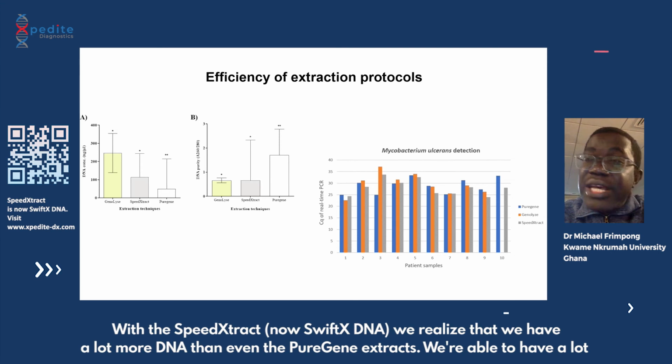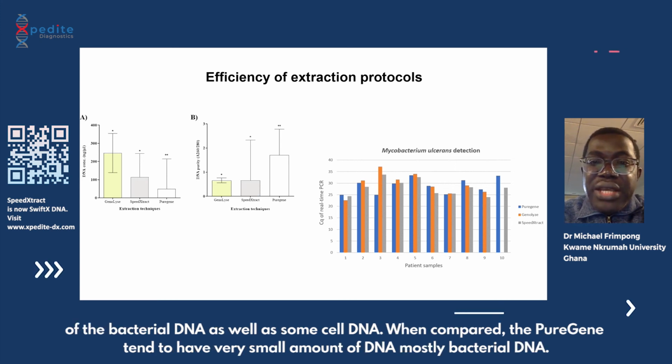With the SpeedXtract, we realize that we have a lot more DNA than even the PureGen extract. We're able to have a lot of the bacterial DNA as well as some cell DNA. But when you compare to the PureGen, we tend to have a very small amount of DNA, mostly bacterial DNA.